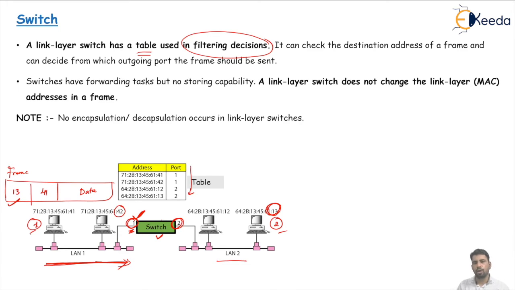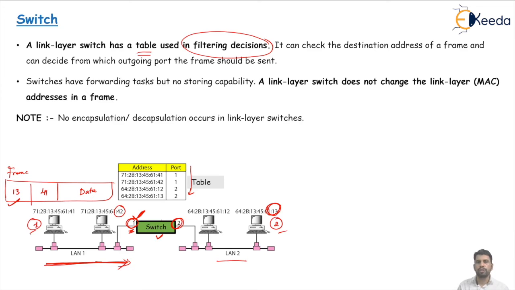Here I have taken only four stations in our LAN, but in a very large LAN network we have hundreds or thousands of stations. At that time the switch table is very large, and matching will take a very long time.